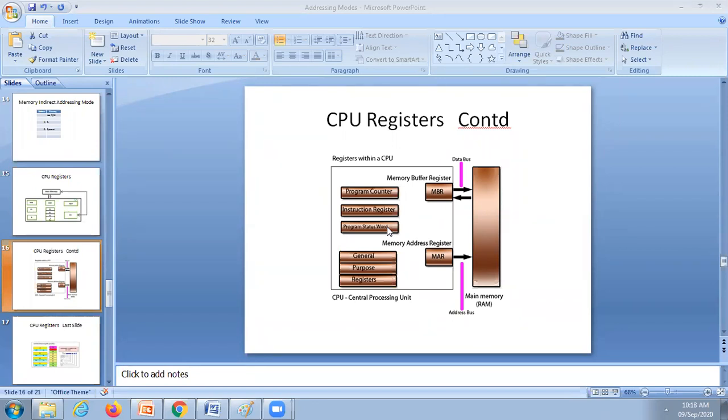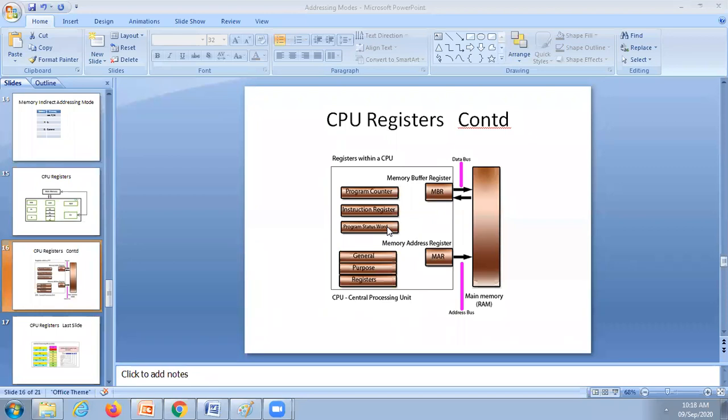Another name is flag register. Some processors call it the flag register, and in some processors it is denoted as program status word. Program status word means it stores the status of the program.